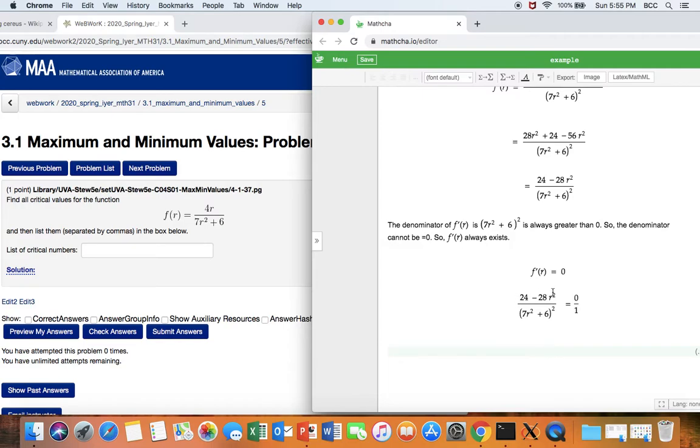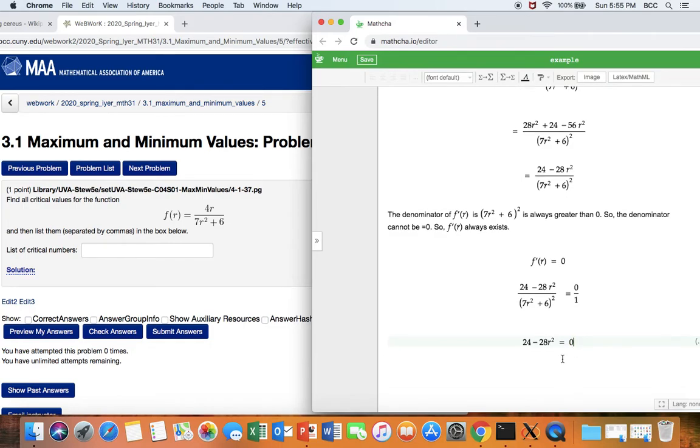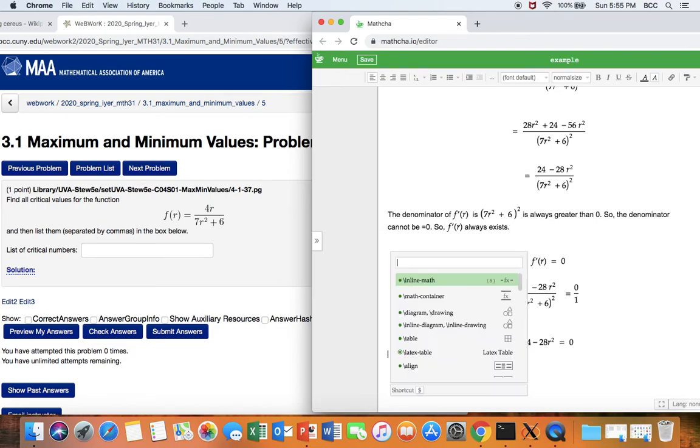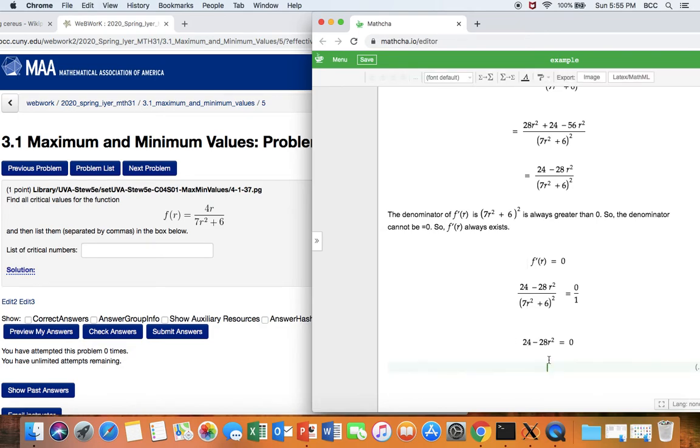So this quantity times 1 equals 0 times this quantity, and 0 times anything is 0. Now you want to solve for r. Let me take the negative quantity to the other side: 24 equals 28r to the power 2.